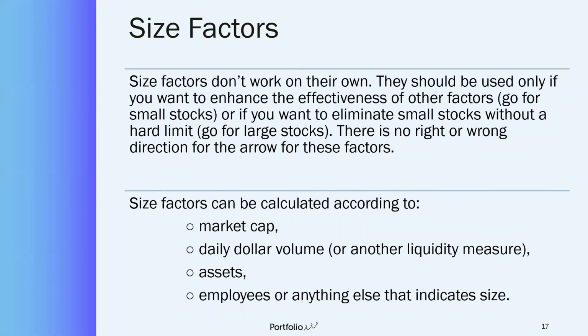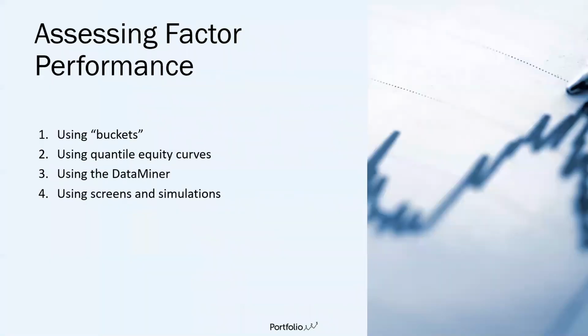Size factors could be related to market cap, daily dollar volume, assets, employees, or anything else that indicates size. Recently, I've been reading Peter Lynch, and he uses as his size factors the number of analysts that are covering the stock, the lower the better, and the number of shares of the stock that are held by institutions, the lower the better. So there's all sorts of ways you can look at size.